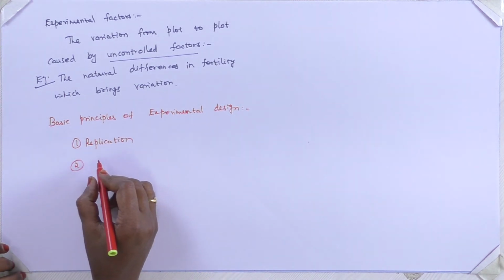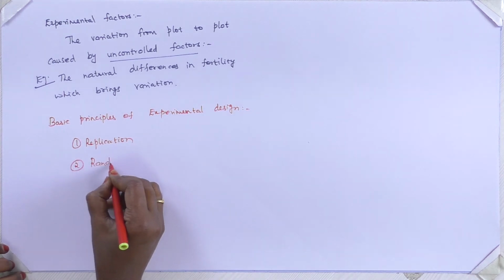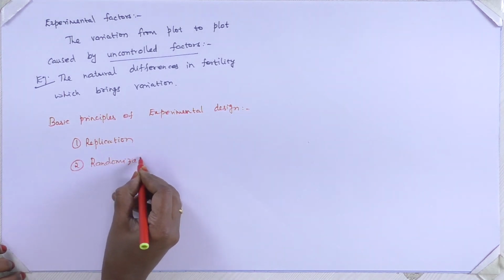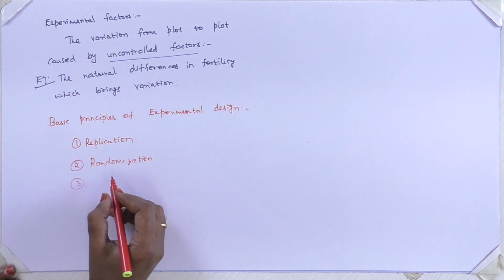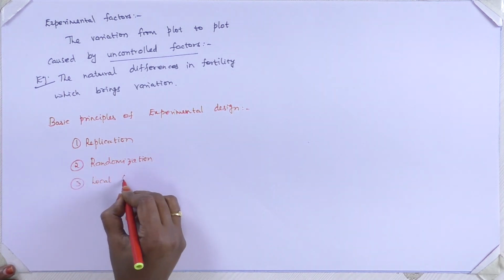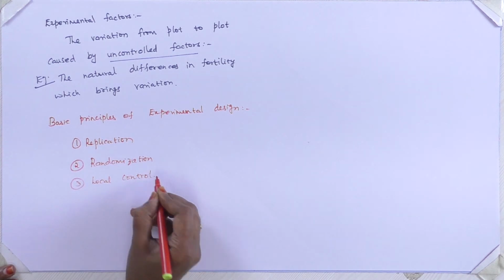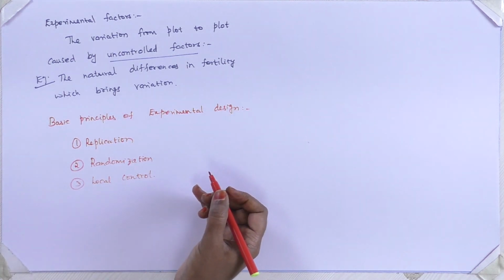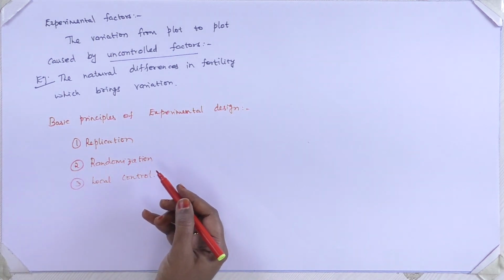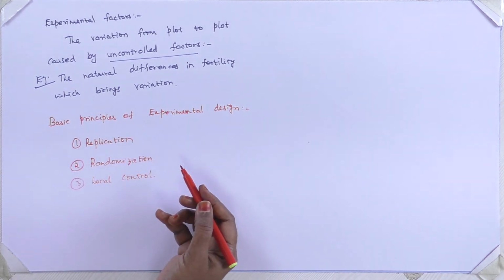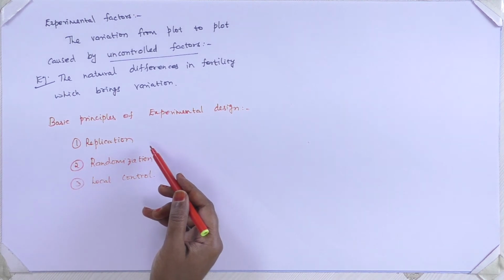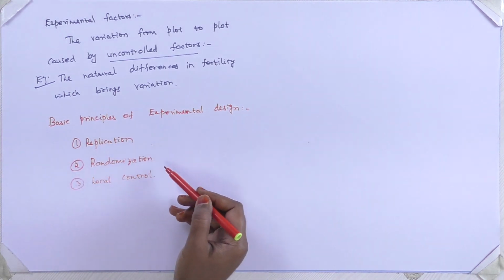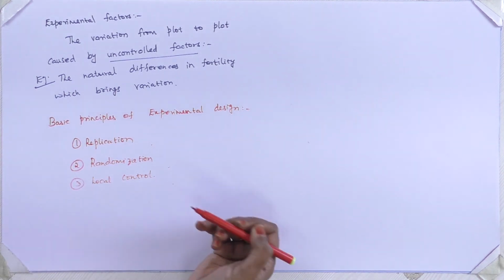Second one, randomization. Third one, local control.